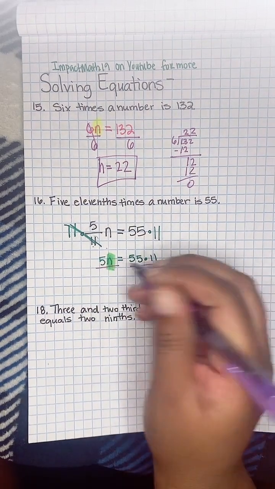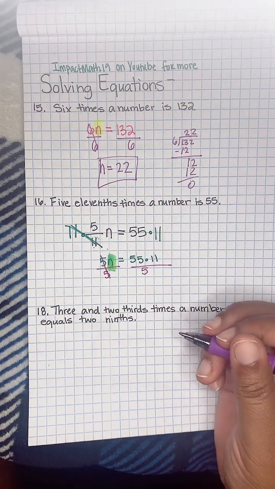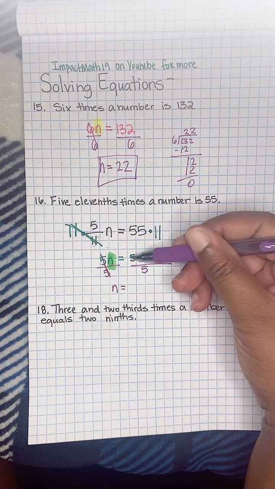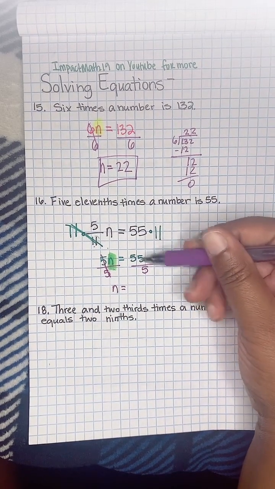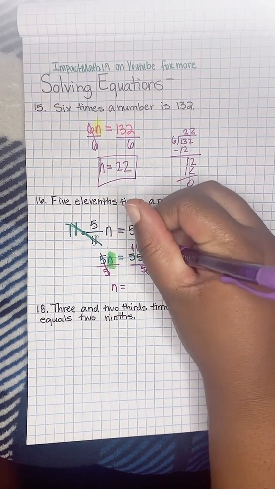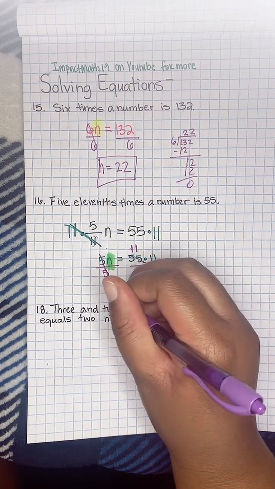Well, I can divide both sides by 5. This cancels. And I get n equals, well, I would rather see 55 divided by 5. Cancel this out and make this 11. And then 11 times 11 is 121.